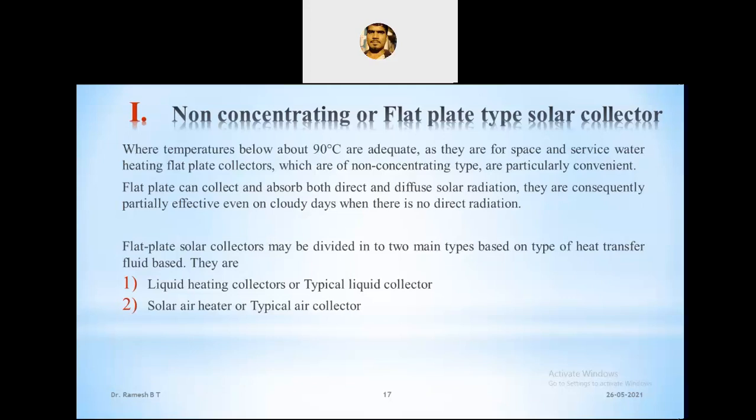Where temperatures below 90 degrees are adequate, flat plate collectors are used for space and service water heating. This is one of the best non-concentrating types, and they are particularly convenient. They are made in regular panels of 1.7 to 2.9 square meters in area, which is very small, and are relatively simple to construct and install.